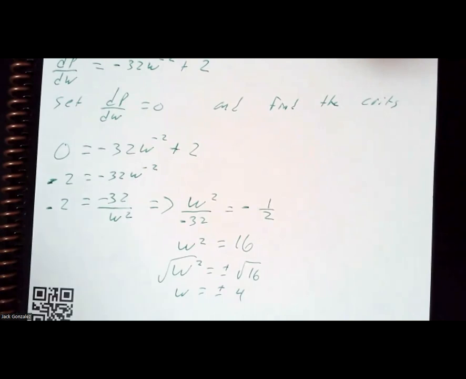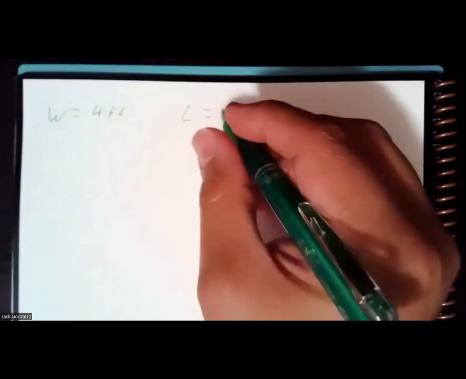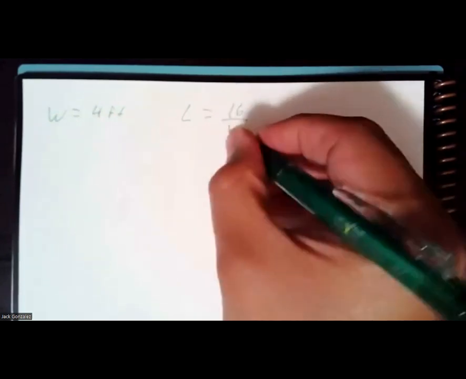So just plug it in. So if width is 4, then I should be able to figure out the width is equal to 4 feet. Length would equal 16 over W, which is going to be 16 over 4.